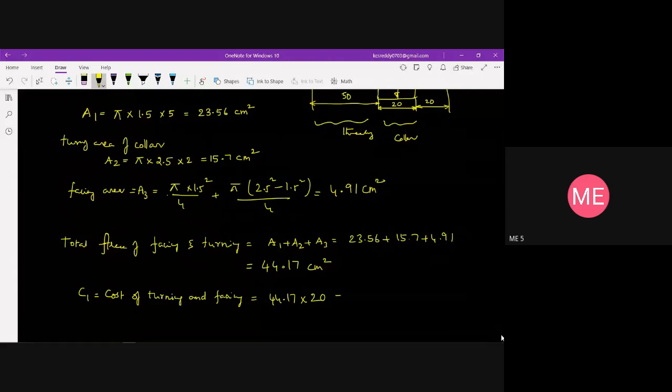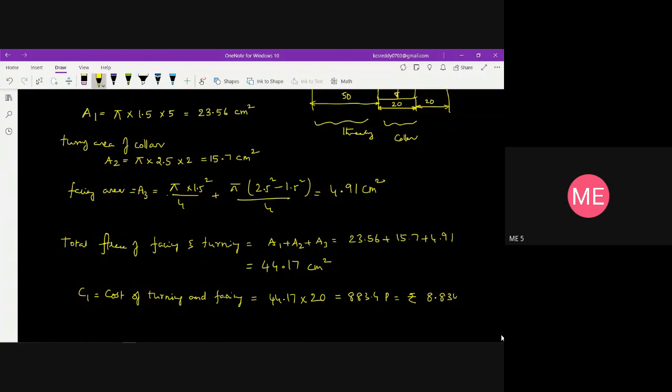So put together, I'll be getting around 883.4 paise, which in terms of rupees I can take as 8 rupees 834 paise. So this is the cost of turning and facing.